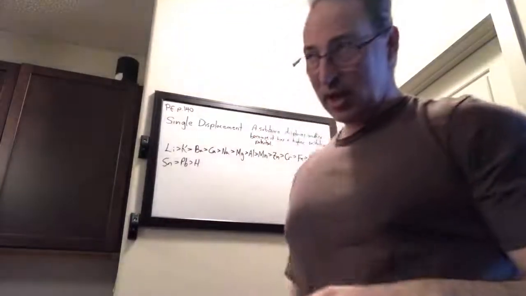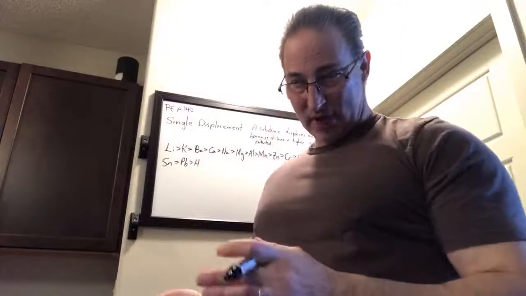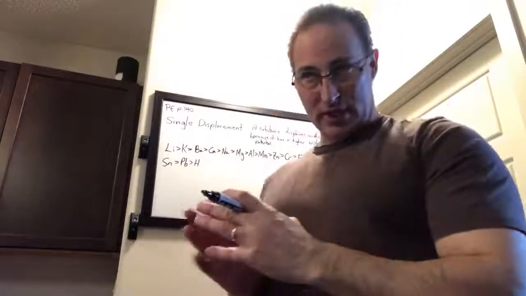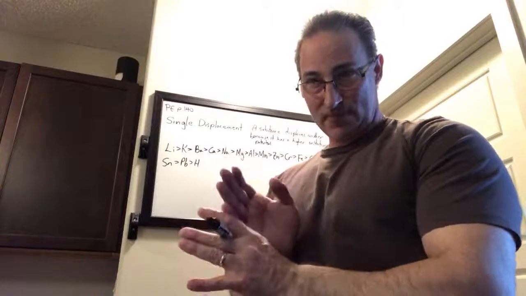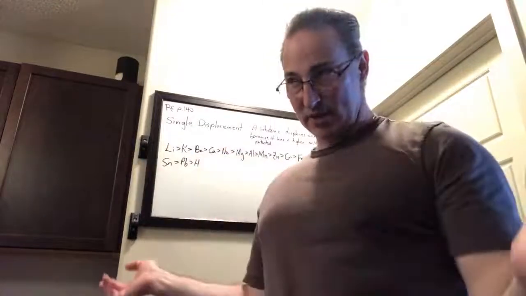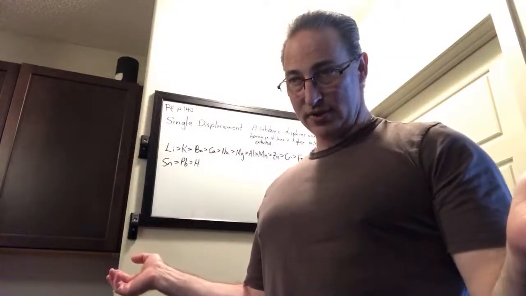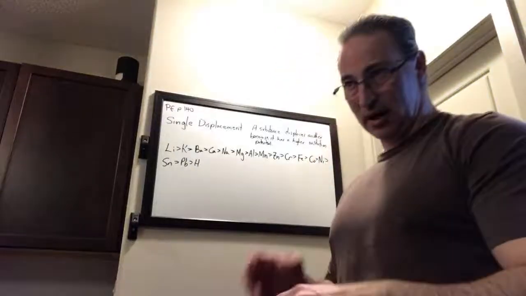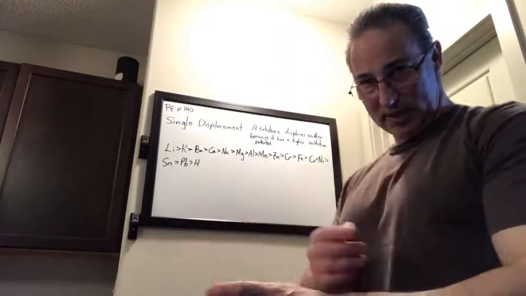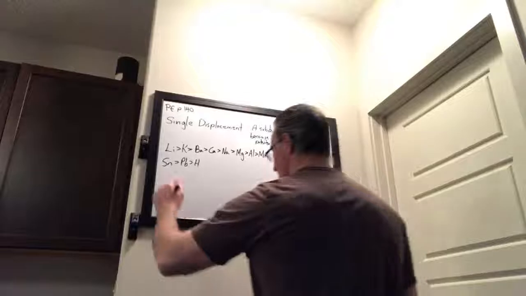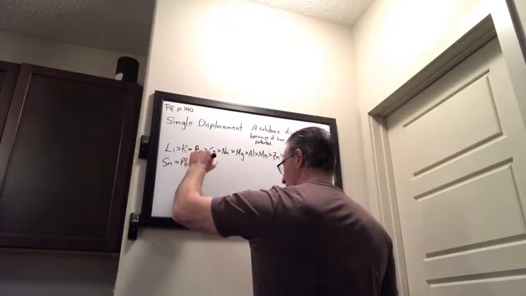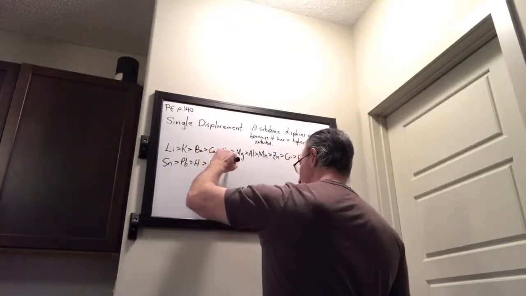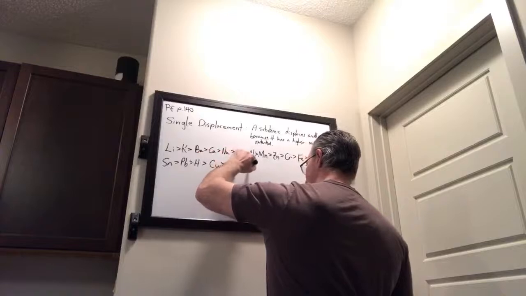When chemists started to think about electrochemistry, they said, okay, let's give hydrogen an oxidation potential of 0, and we'll compare all the other metals to hydrogen. So hydrogen has oxidation potential of 0. If you look it up, it's listed as 0. So it goes Pb, H, then Cu, Ag, Hg, Pt, Au.